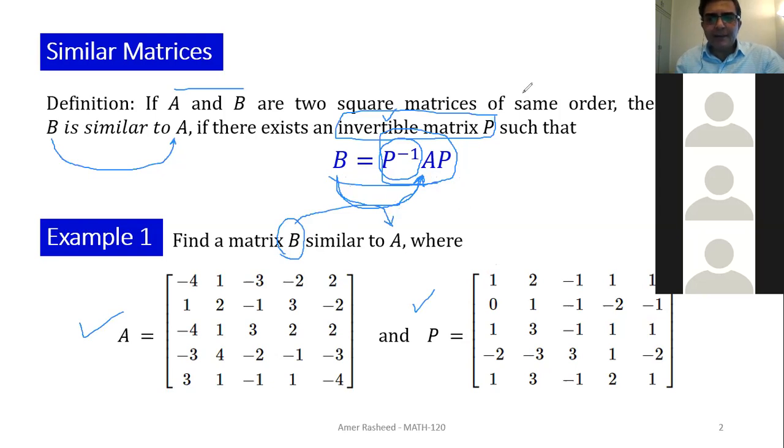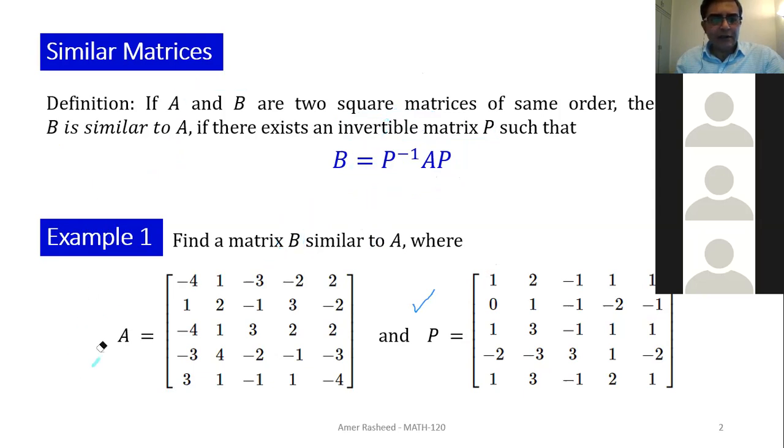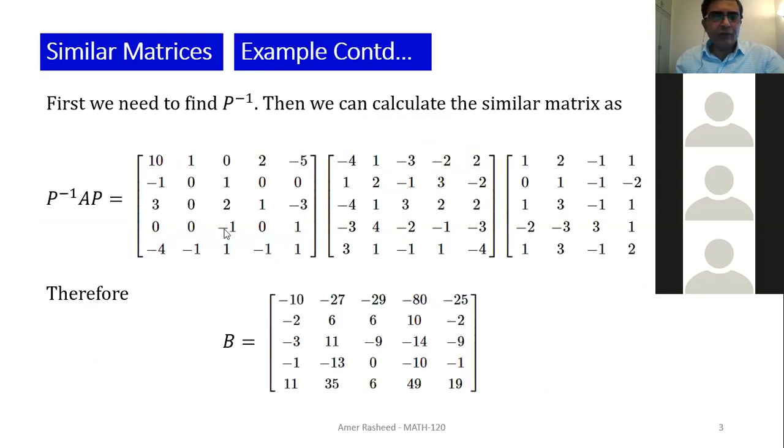How do we find it? Let me erase this. We go to the next slide. What we do here, first we need to find P inverse. I hope you can find the inverse of a matrix if the matrix is given.